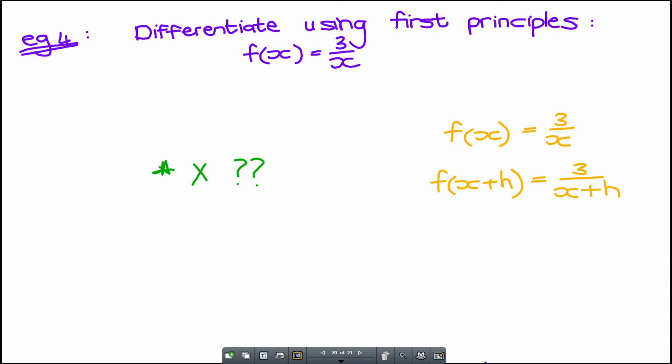Okay, but now I want to get rid of the fraction within a fraction. This is nice, isn't it? So what I could do is take that denominator and multiply with that. But I'm going to multiply with x plus h over x plus h, because that is 1.